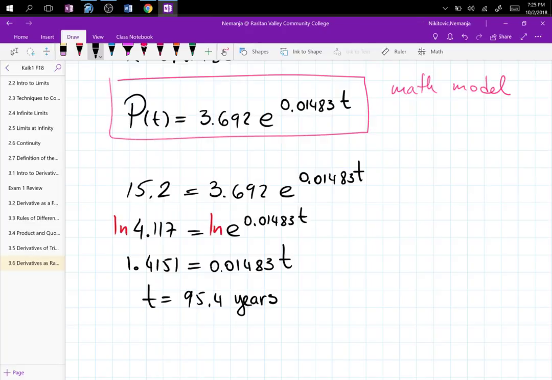So you have to add these 95 years to 1970. So 1970 plus 95 years, that's going to be 2065. Right.